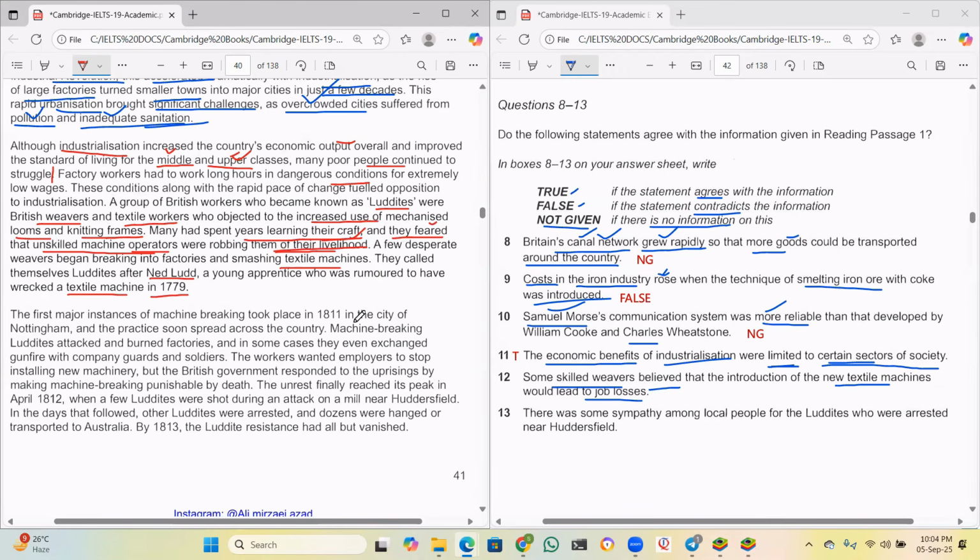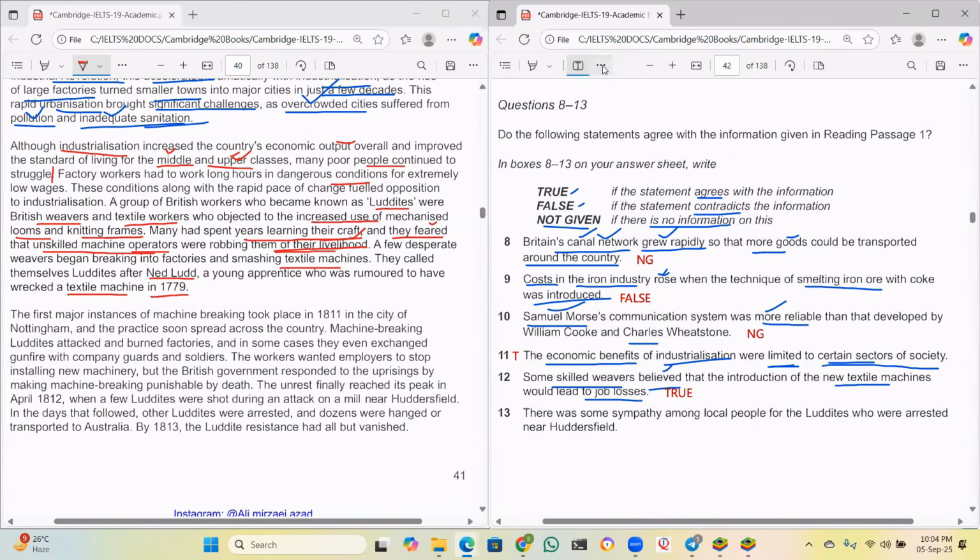Livelihood means job loss. Robbing them off means job losses. They feared means they believed. It is true. This one is exactly matching with whatever is given in the paragraph. So what is our answer, guys? Obviously, it is true, right?